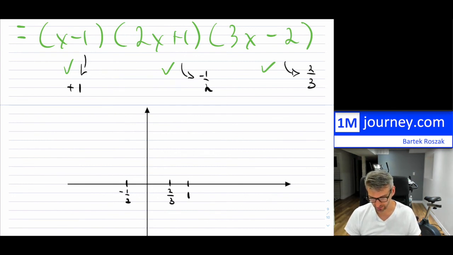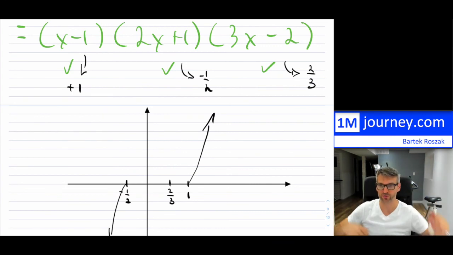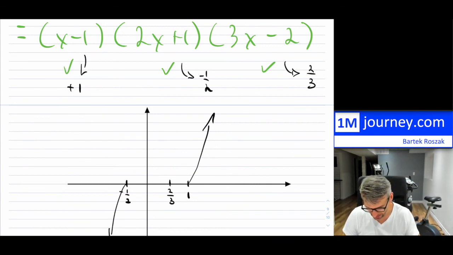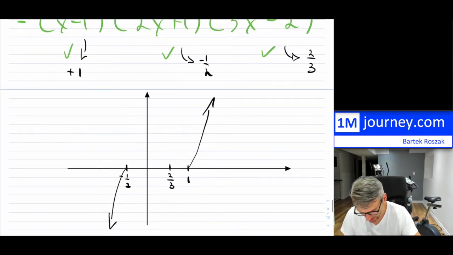And so it's positive 6x cubed. So that means this thing is going to skyrocket up because it's positive, and this one's going to skyrocket down. So that's outside of those. Now what happens at each one of these? These are all first order, so they're going to be like lines.